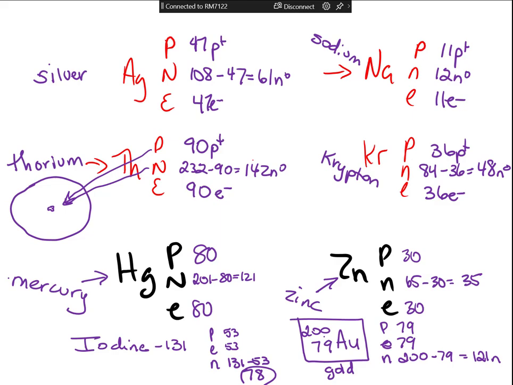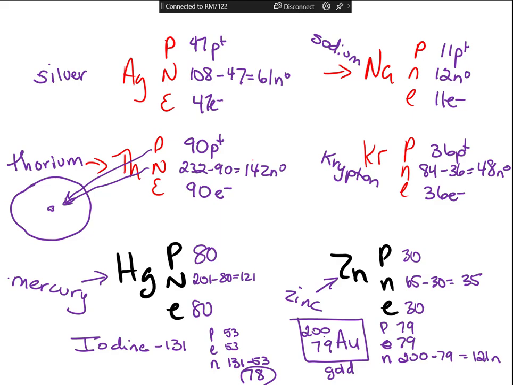So this is telling you specifically the number of neutrons for that specific isotope of gold. So you don't have to worry about using the mass from the periodic table. If you're given either of these bottom ones, just make sure you use that mass that's listed. But if I just gave you mercury, Hg, and asked you to tell me, then you would use the periodic table.